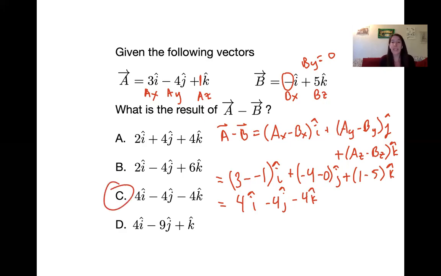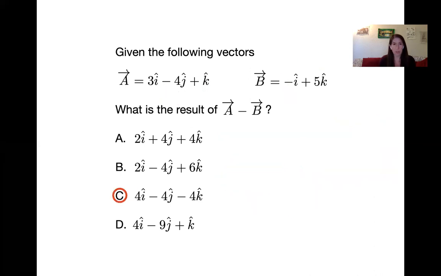So that must be C is the right answer. So again, if you got one of the other answers, you might have simply made a mistake, not carrying a minus sign or something. So you have to be careful with things like this, where we have minus minus 1, so that ends up being plus 1. So indeed, C is the correct answer here. So that's how you can add and subtract vectors using their components.